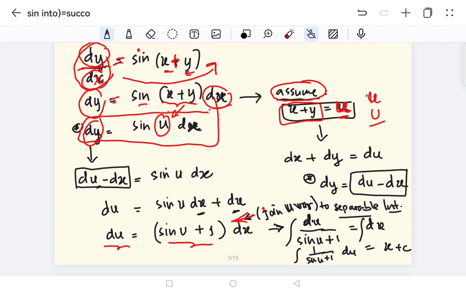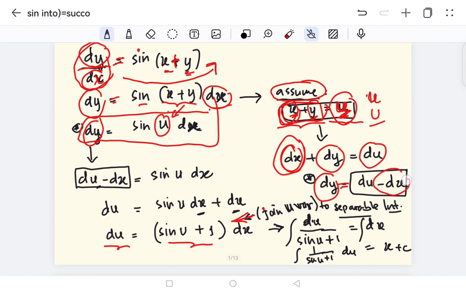Now dy here I'm going to change into u and x. So I differentiate each part on the left-hand side and right-hand side. The derivative of y is dy, the derivative of x is dx, and the derivative of u is du. Then I make dy the subject, so dx moves to the right side as negative dx.